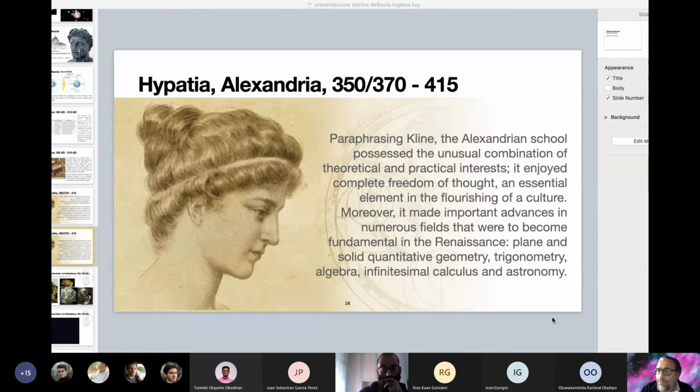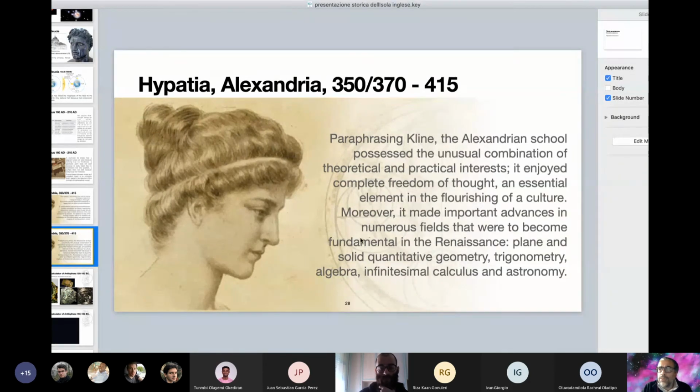And mathematics was a way for measuring the distance between the Earth and the Sun, for instance. Klein concludes that the Alexandrian school made important advances in numerous fields that were to become fundamental in the Renaissance: plane and solid quantitative geometry, trigonometry, algebra, infinitesimal calculus, and astronomy.